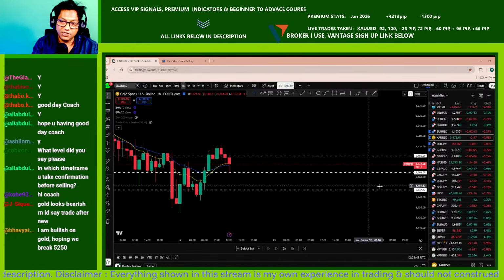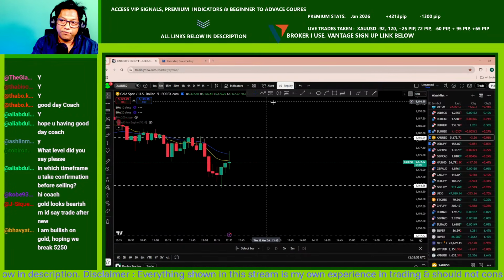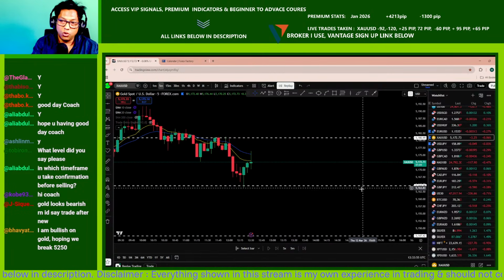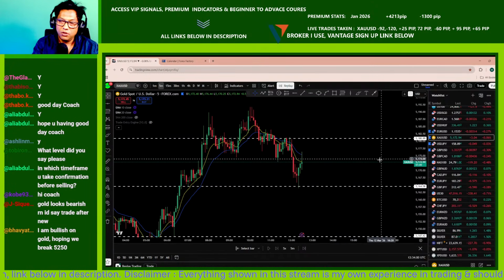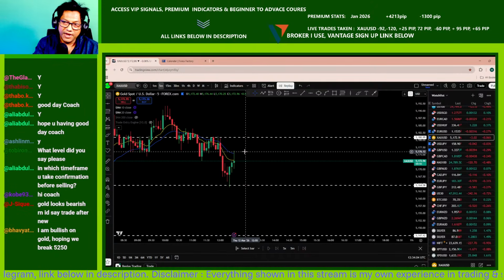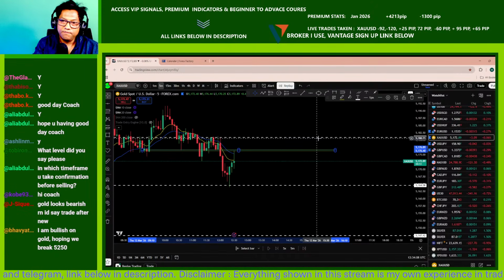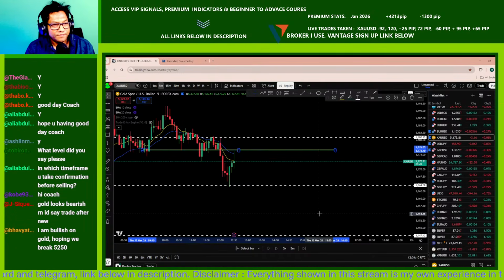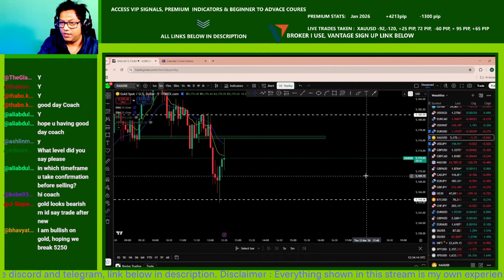So here, if you look at that long wick now, so far pre-news gold is bearish. We might see gold eventually reject back again off this level here, and there's a neckline that you can see. Let's see where it is heading.